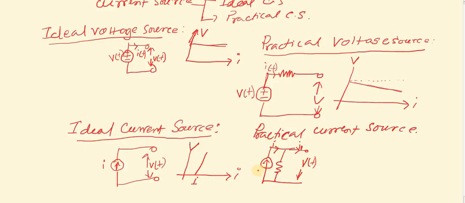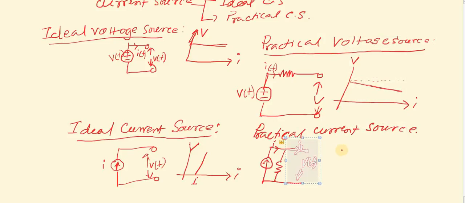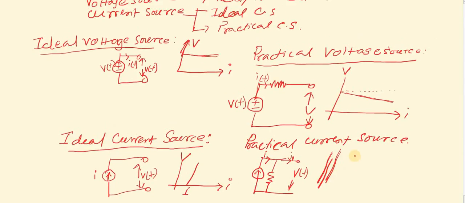So this is the practical current source. Likewise, in the case of the practical voltage source, we have seen that the voltage characteristic is decreasing in nature. In this case also, for the practical current source, this is the voltage, this is the current I, and this is the constant value of current for the ideal case.